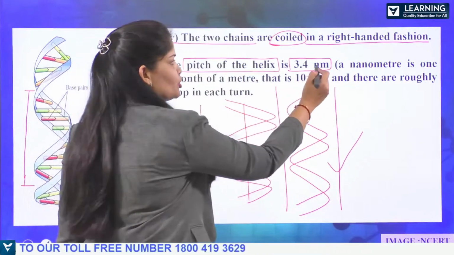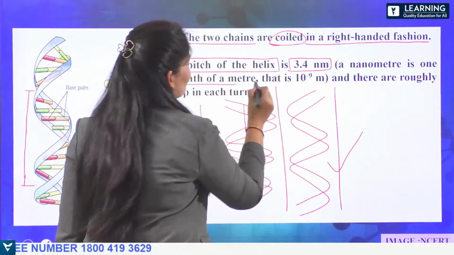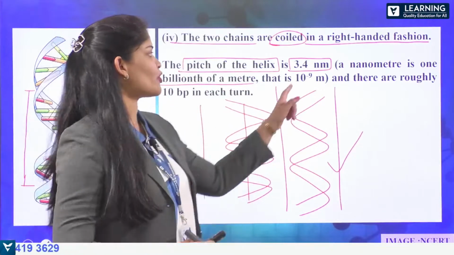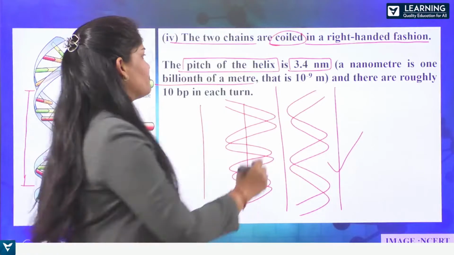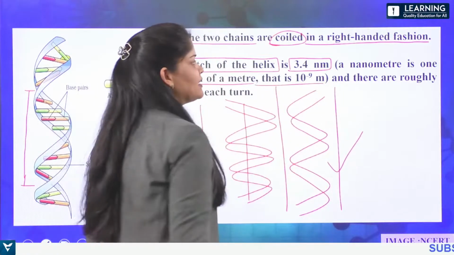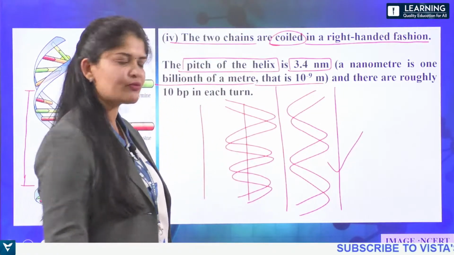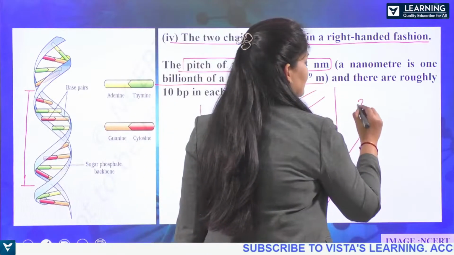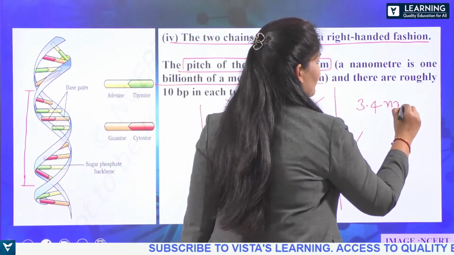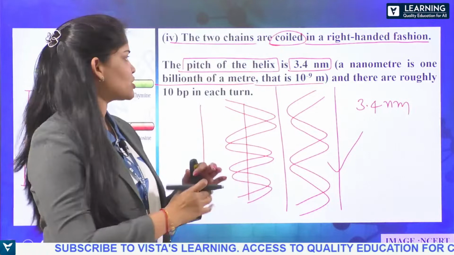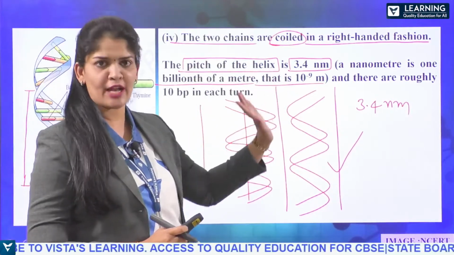A nanometer is 1 billionth of a meter, that is 10 to the power of minus 9 meter. If you express it in units of nanometers, it goes like 3.4 nanometers. So the pitch of a helix is 3.4 nanometers.